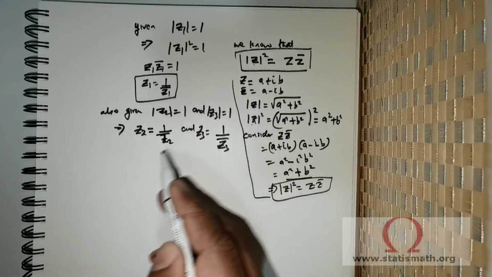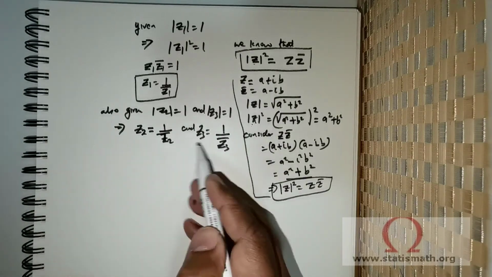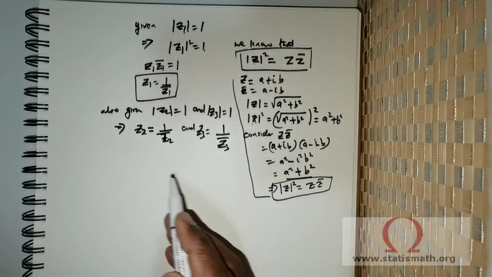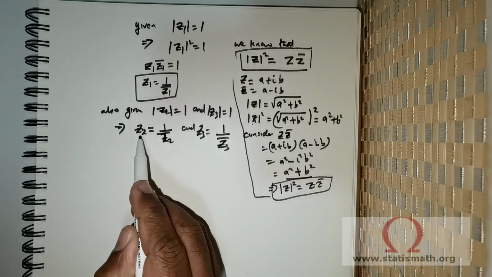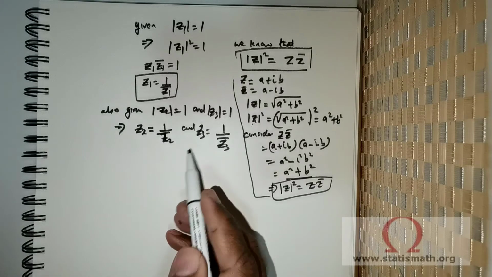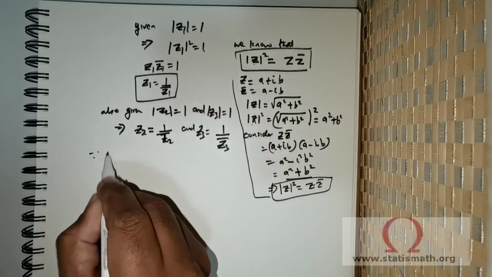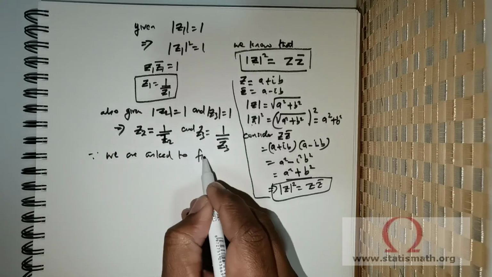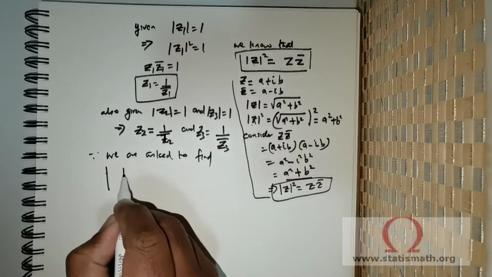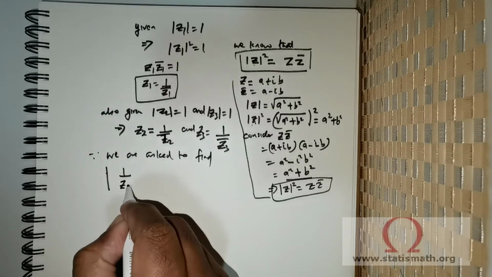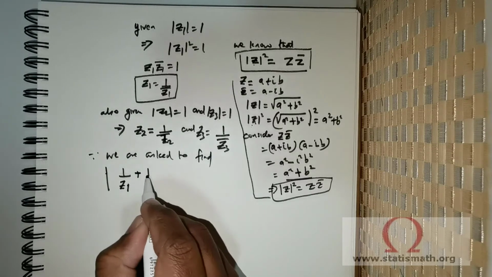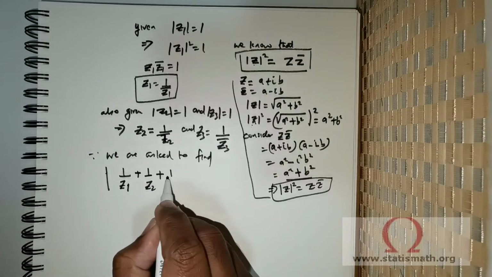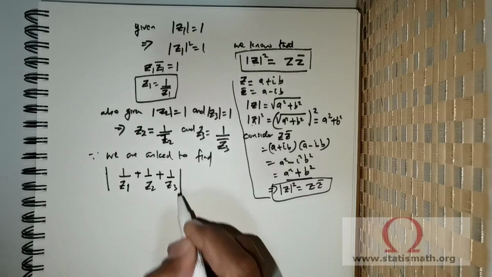So I can simultaneously rewrite all of these things. Now, we were asked to find the value of 1 over z1 plus 1 over z2 plus 1 over z3.